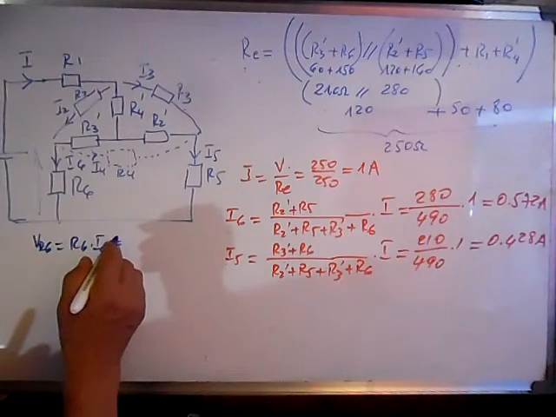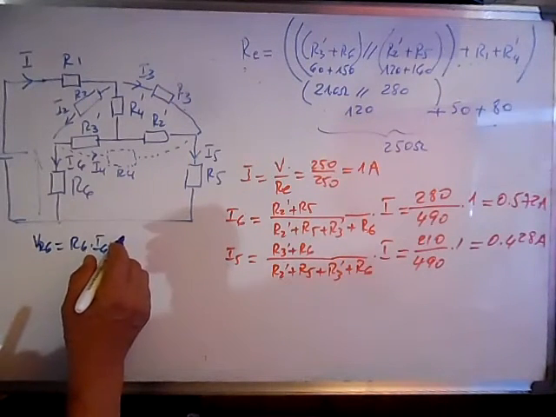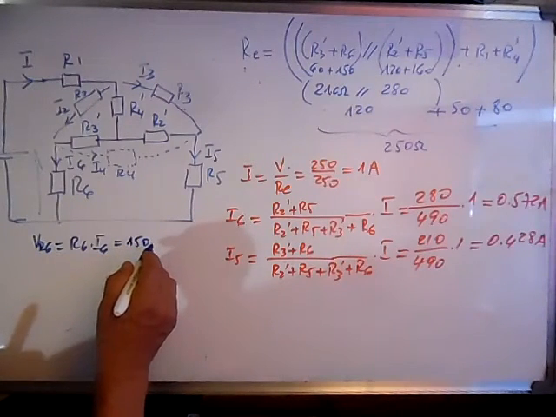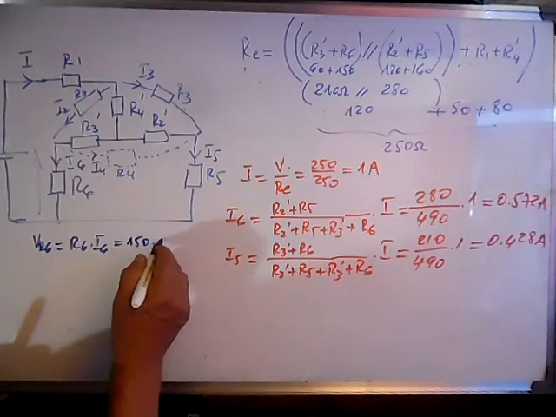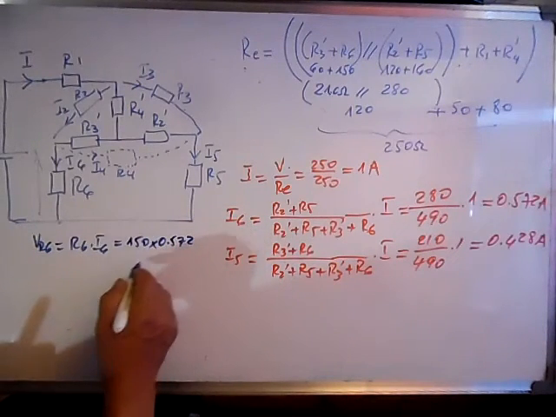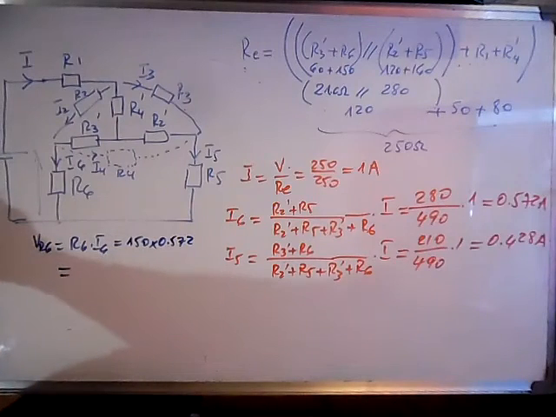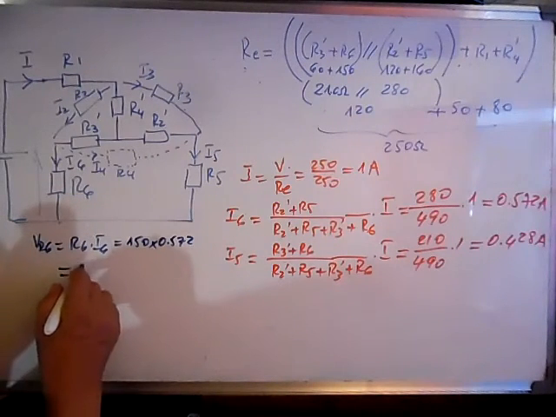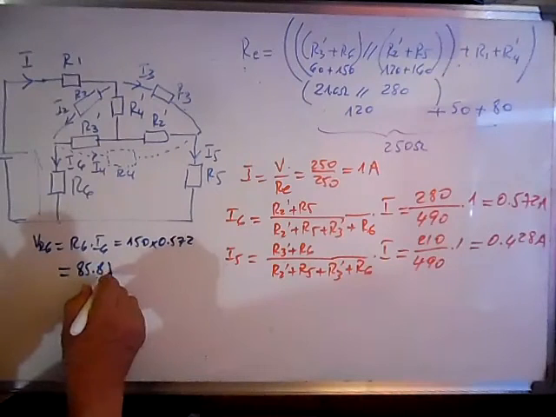R6 is 150 times 0.572, and it's equal to 85.8 volts.